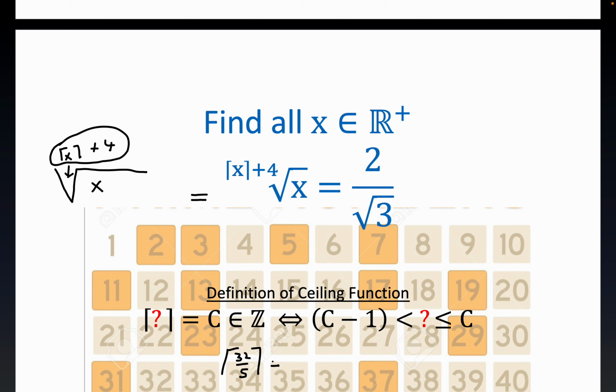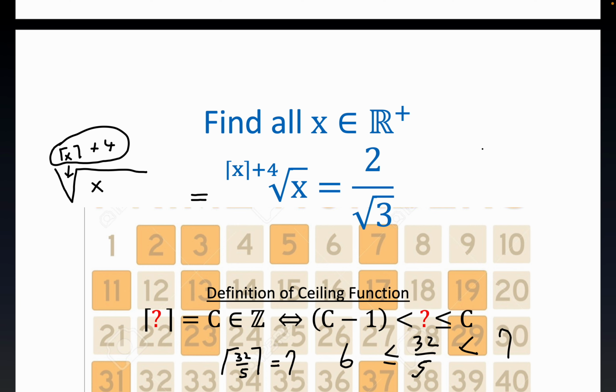So this would be equal to 7. And that's simply because 6 is less than 32 over 5, which is less than 7.